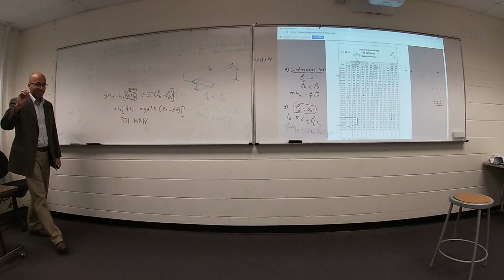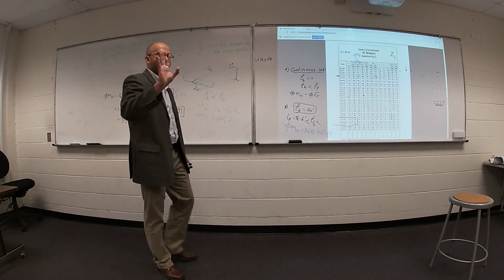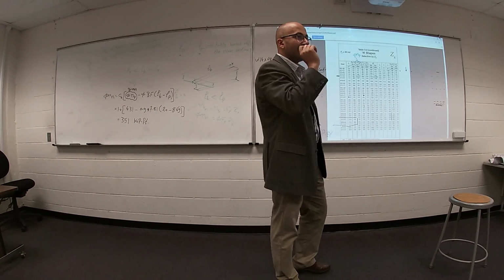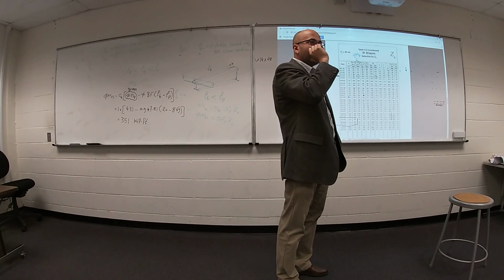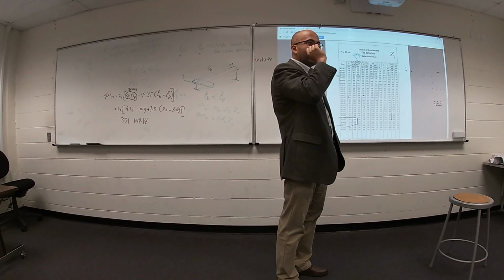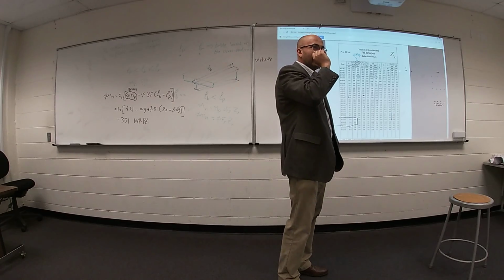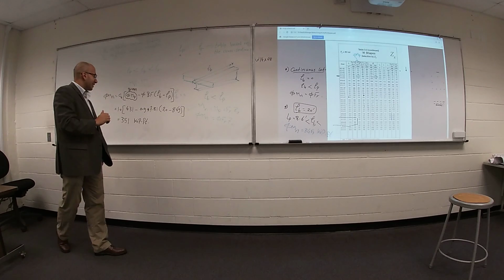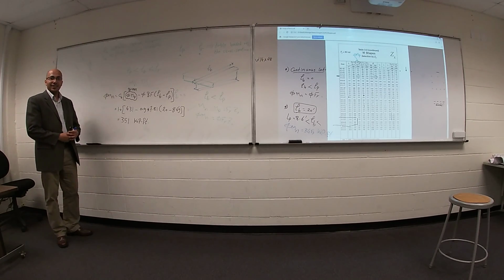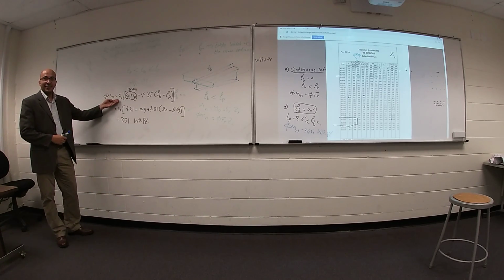Okay, let's start first. What's your question? My question was, why is it on this chart, it says phi times BF, and we have 7.81, and then we multiply again times 0.9 for the equation? What chart are you on? I'm on the AISC, page 10. Just scroll that, please scroll down, because it's going to make more sense.